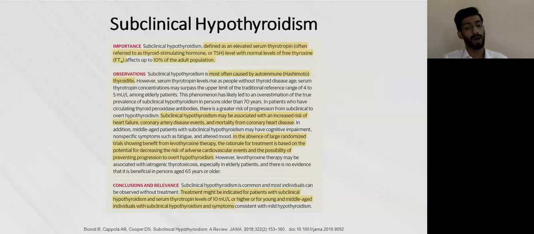Now, why do we think treating subclinical hypothyroidism is not beneficial? Two reasons. One, the only reason why we call him hypothyroid is because he's got an elevated TSH. Remember the problems with measurement of TSH. His age is high. His reference range might be different, which is why his functional status is still normal.